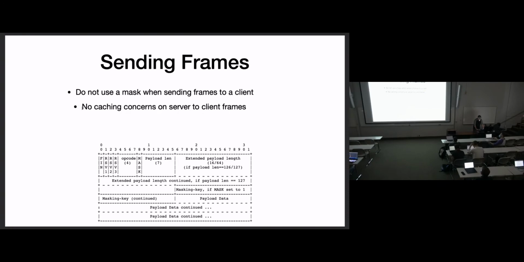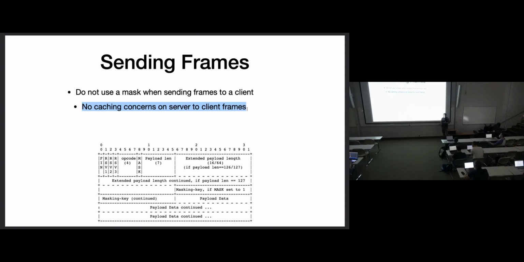We don't have those same concerns when sending something from the server to the client. The browser shouldn't be receiving a message from a server and then just using a cached one, it just doesn't make sense on the browser side. On the server side, we want to optimize that. If a million clients are sending messages, we might not want to go through our entire program logic to get the response.